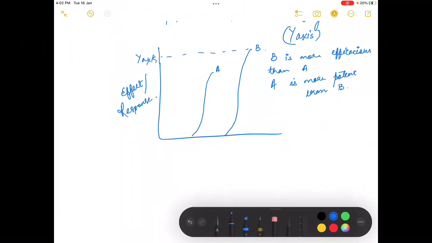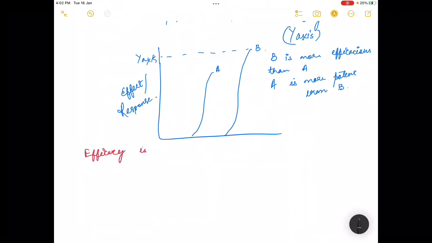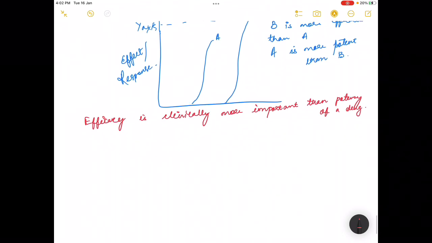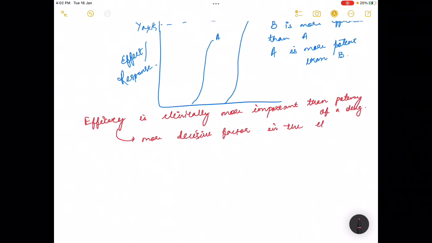Efficacy is clinically more important than potency of a drug, and therefore efficacy is a more decisive factor in the choice of the drug.